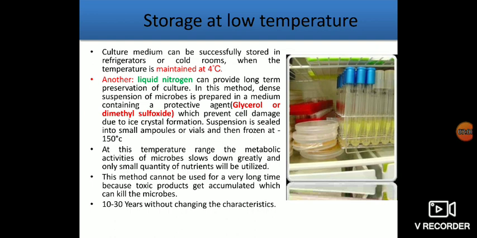This method cannot be used for a very long time because toxic products get accumulated, which can kill the microbe. Even though we can preserve for a long time, not many years, toxic generation is also possible. It is mentioned that 10 to 30 years we can store it without changing the characteristics.